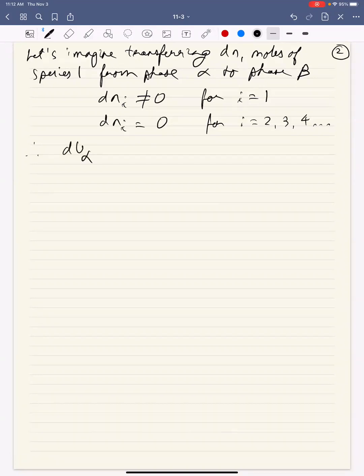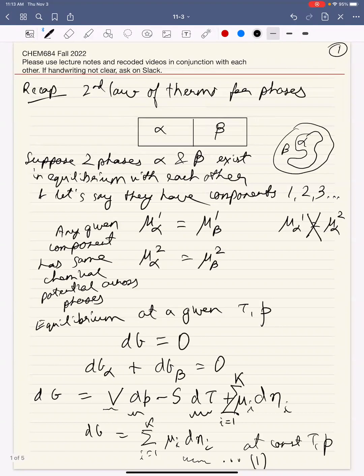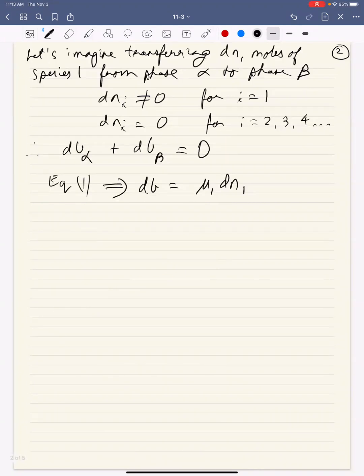Therefore, dG alpha plus dG beta is equal to 0 can be rewritten as mu1 alpha d... let's not try to be too rigorous and just think about it. So we have dG is equal to mu1 dn1, from equation 1, because everything else is 0: dn2 is 0, dn3 is 0, dn4 is 0, and we can do this separately for both the phases.